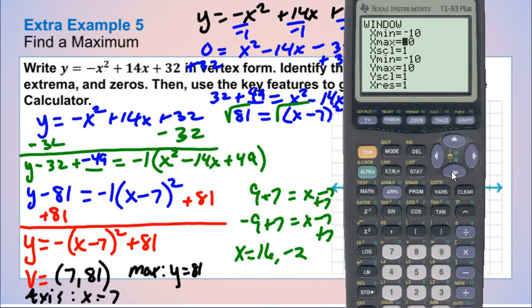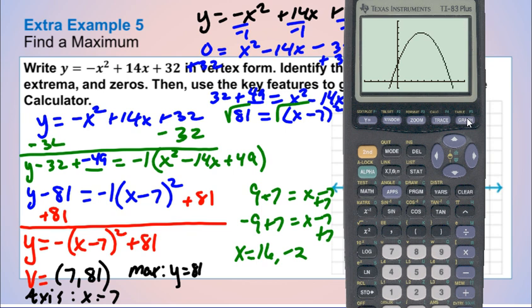I'm going to change my window settings. So my maximum, since I know it has to get at least to 16, I'm going to make this 20. I'm going to count them by twos. My Y minimum, keep there. Maximum, I know it has to hit at least 81, so I'm going to just make this 100. Counting these by tens. And then if I hit graph, here's that first one that I did.